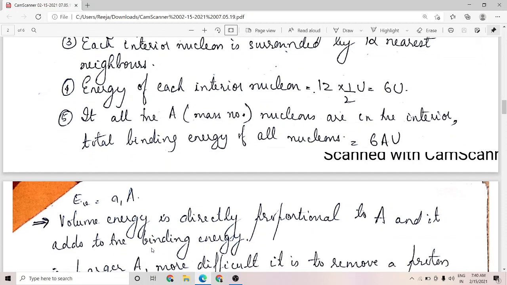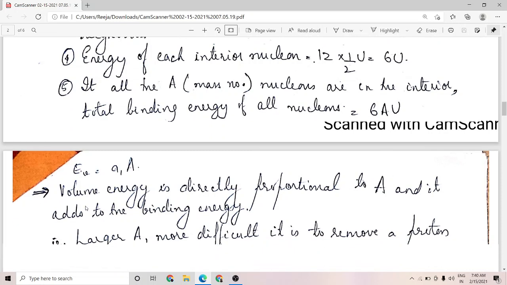That is, as the number of interior nucleons increases, it becomes more difficult to remove one nucleon from the nucleus, or the volume energy term increases or adds to the binding energy. So it is given as a positive value. The volume energy term adds to the binding energy, so it is given as a positive term.